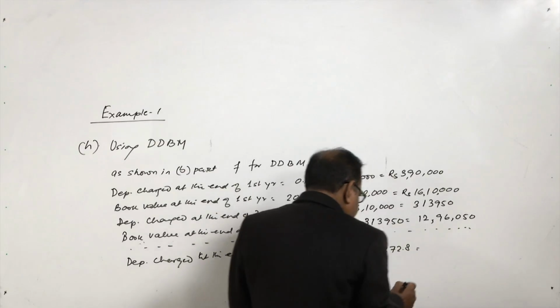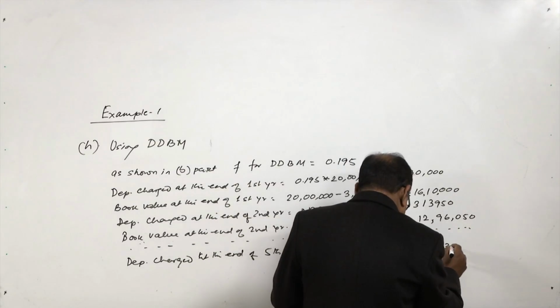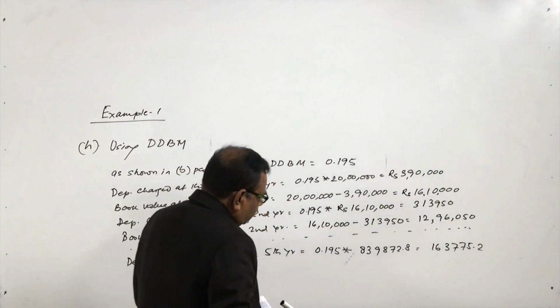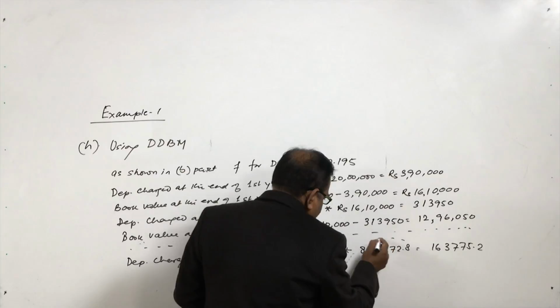So it comes out to be 163,775.2, and this value I can pick up from the table.